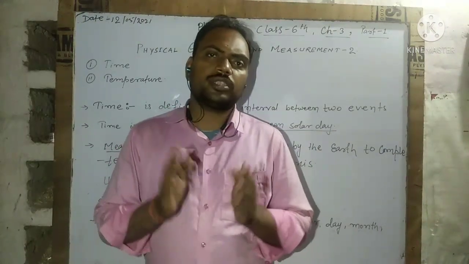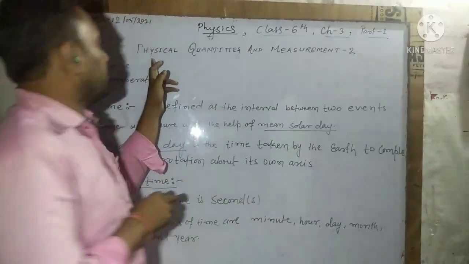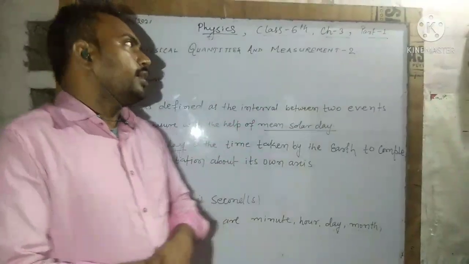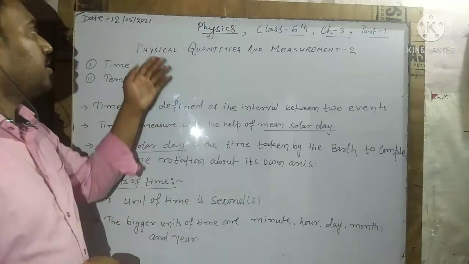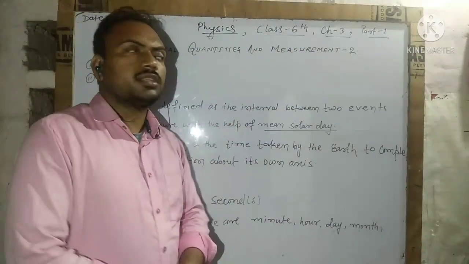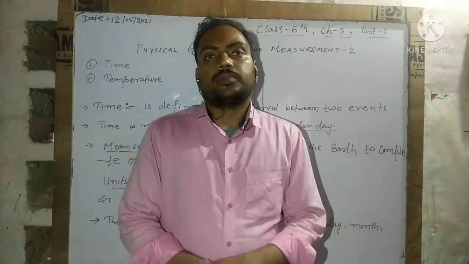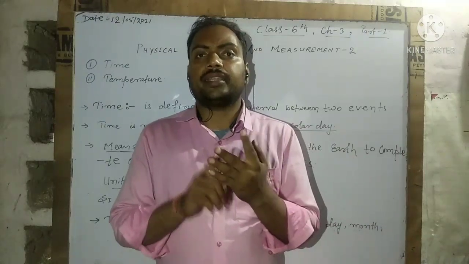Here we are going to start chapter number 6, physical quantities and measurement 2. In the previous chapter, chapter number 2, we learned about physical quantity and measurement 1, in which we covered the physical quantities length, mass and area.